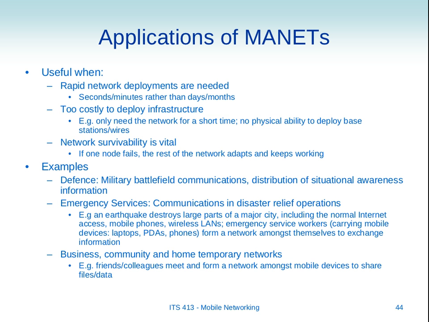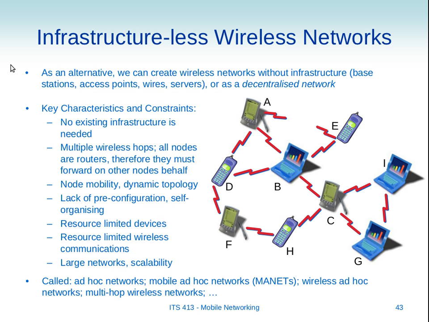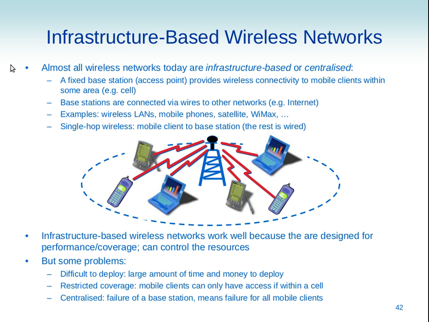That is, if one node fails, then the rest of the network can still operate. If B fails, the computer fails, A can still send to G via this other path. That's the idea. If we had a base station, an infrastructure-based network, and the base station fails, no one can send. That's a problem in some cases.